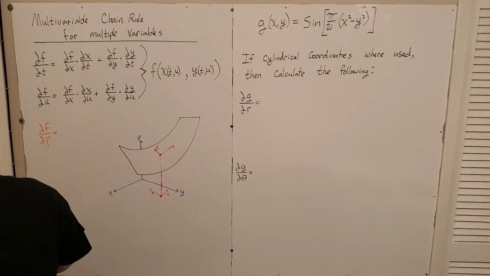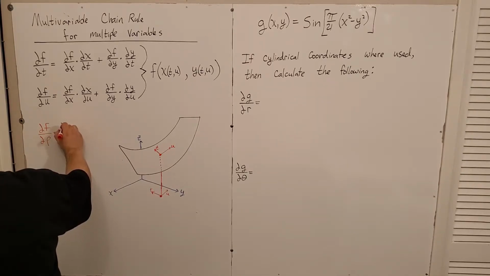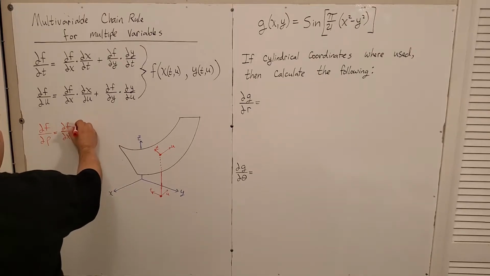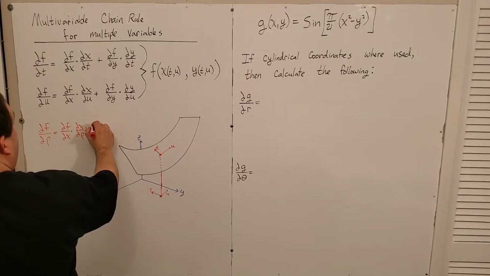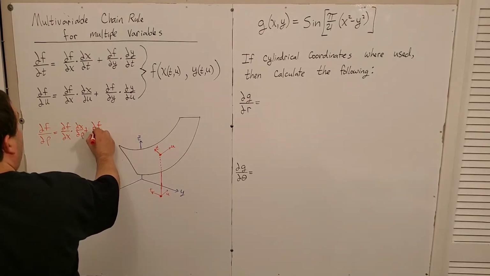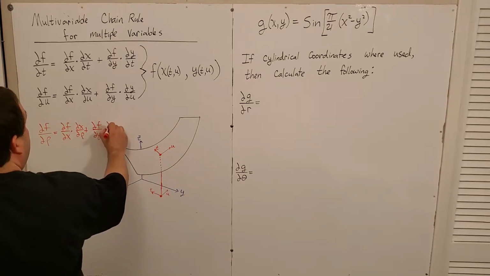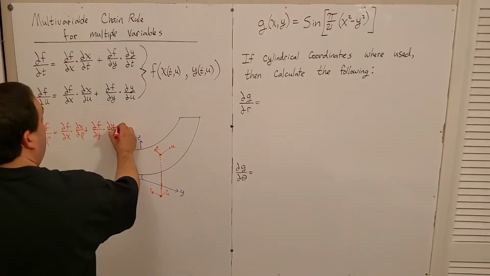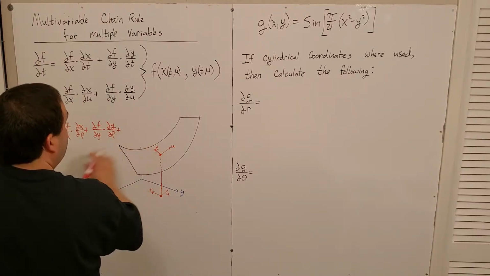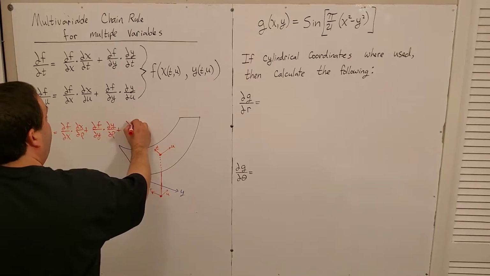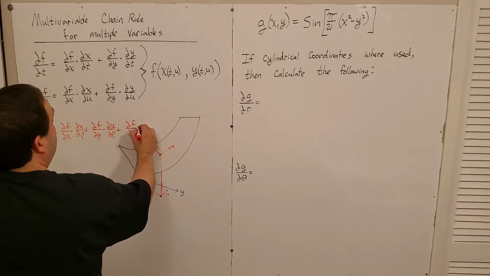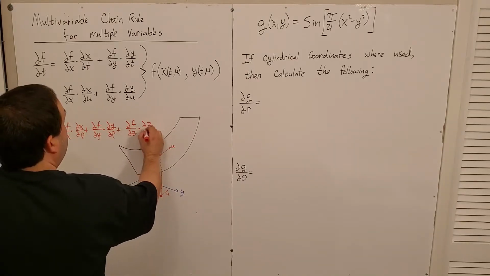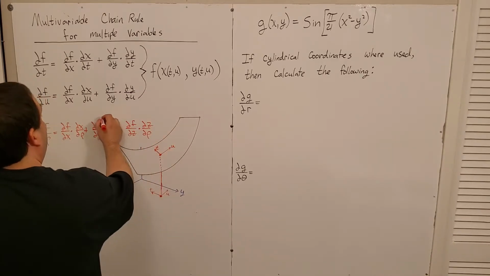And what that would boil down to is the partial of f with respect to x times the partial of x with respect to rho, plus the partial of f with respect to y times the partial of y with respect to rho, plus the partial of f with respect to z times the partial of z with respect to rho.